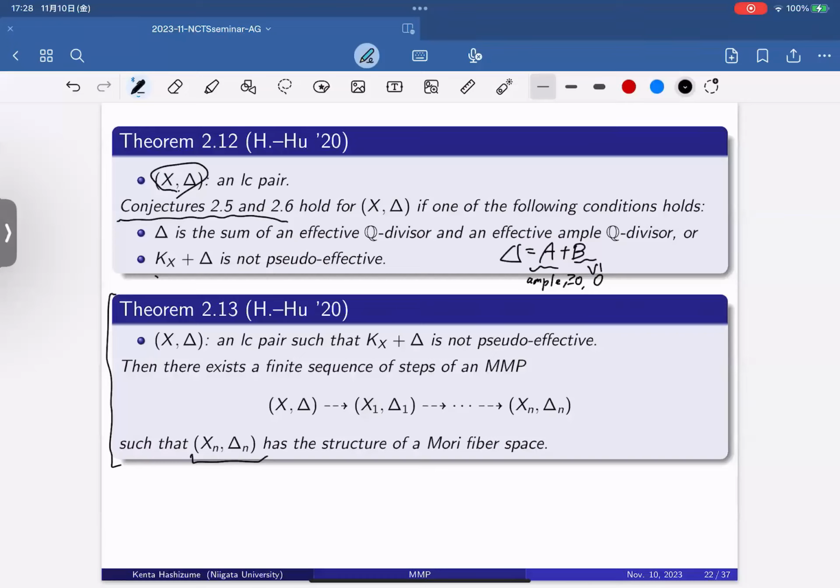Here, by the construction of the MMP, we know that any pair in the MMP is log canonical. So the resulting pair is an LC pair.